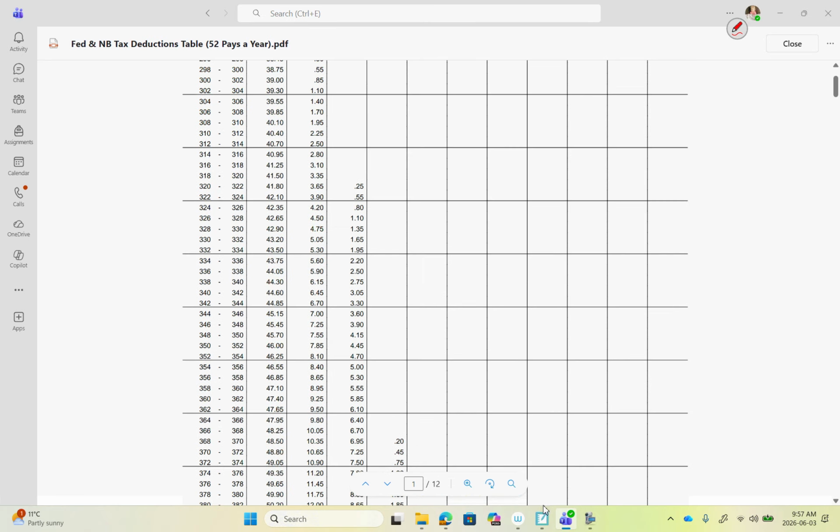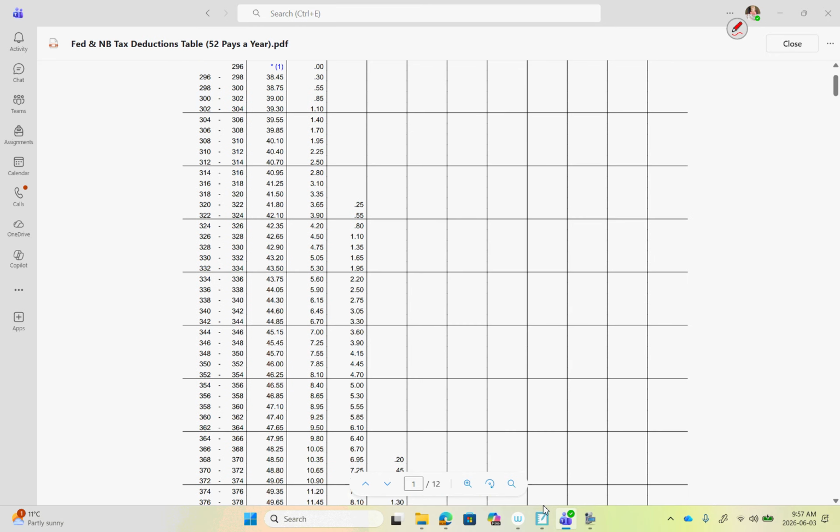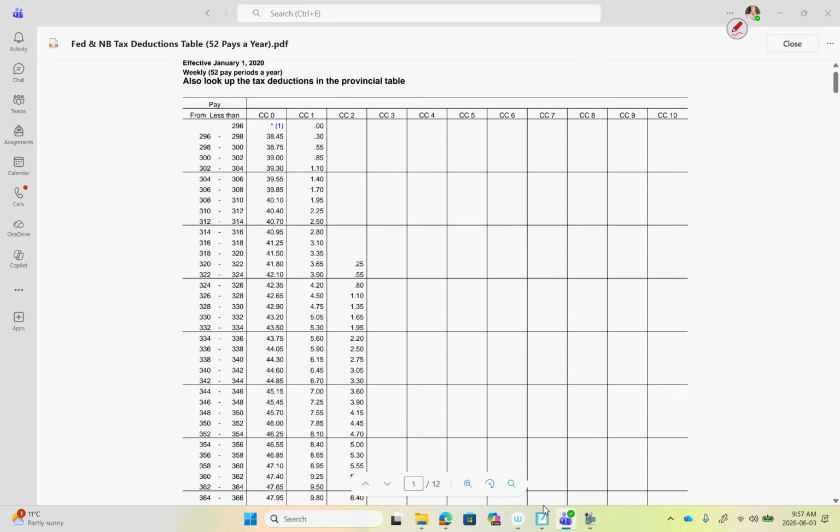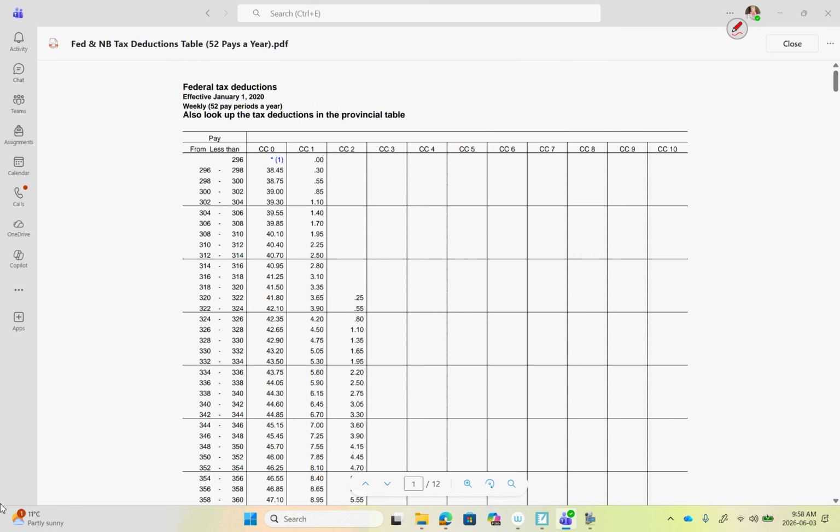And just note that it starts with federal tax deductions. Now I want to look down this first column and find $1,090. Okay. And I want to look to claim code 2. So I got to go find 1090 here, and then I'm going to go claim code 0, claim code 1, claim code 2, and I just copy that number down.